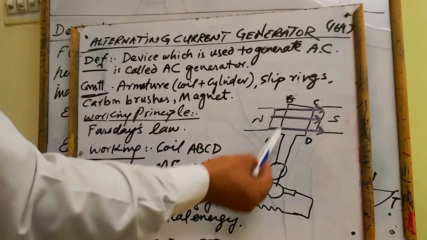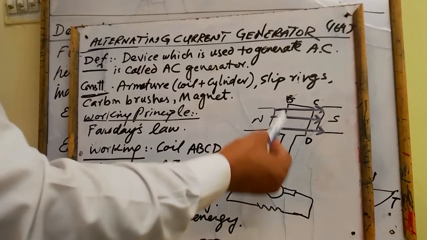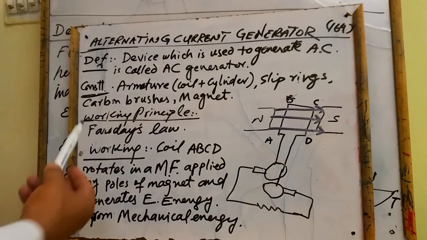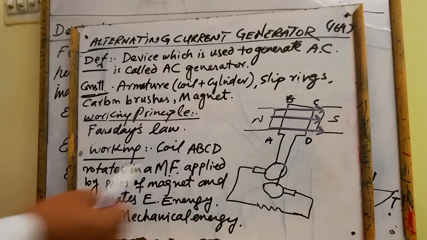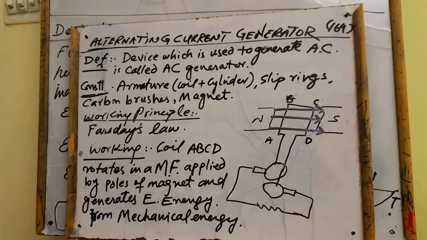So when this coil ABCD rotates in an external magnetic field, because of the changing magnetic flux across the coil, electromagnetic induction takes place, induced EMF is generated and induced current is also generated.